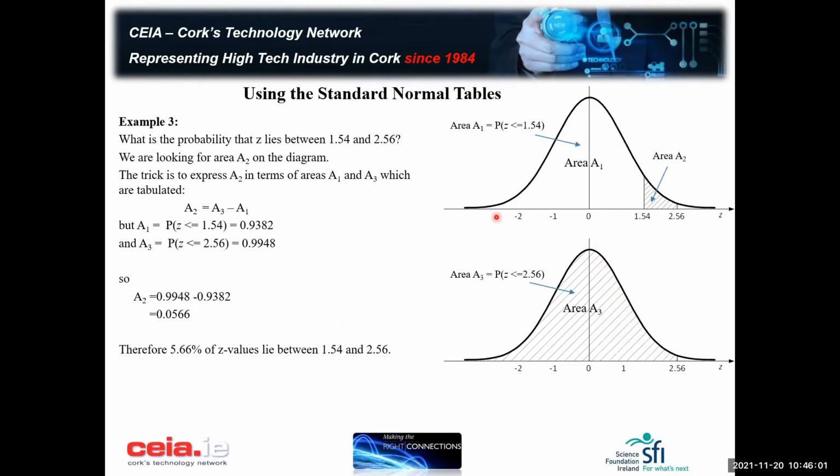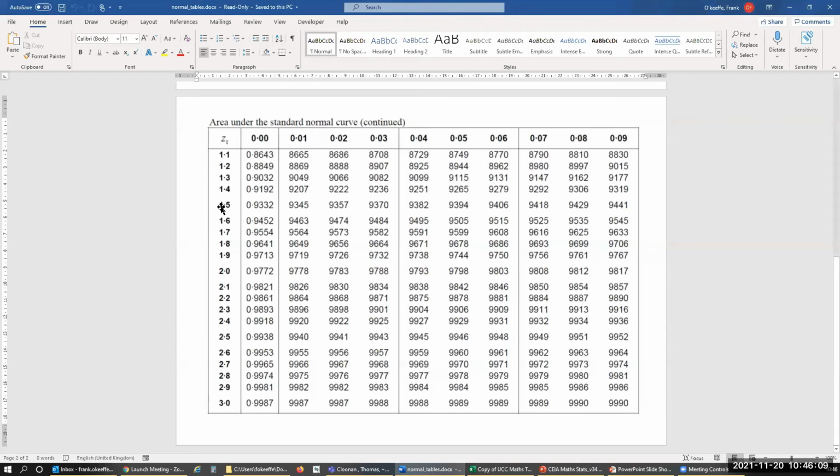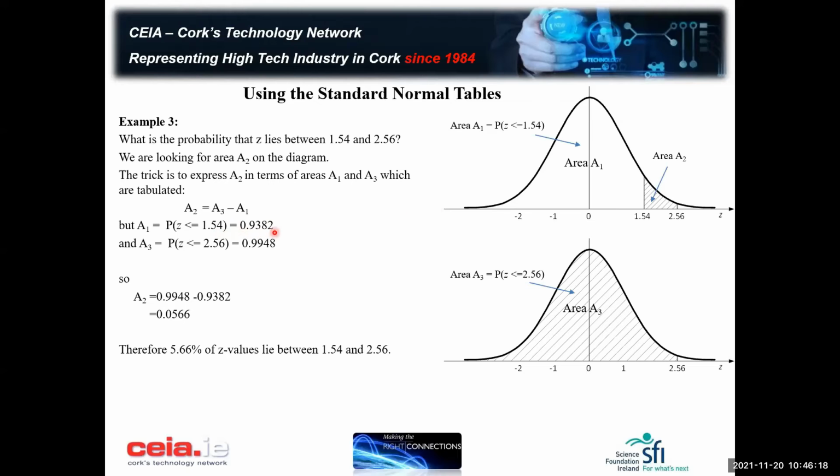A1, we know, is tabulated for P(z less than or equal to 1.54). So let's look that up. 1.54, here's 1.5. Go over to here, we get 0.9382. A3 is the probability that Z is less than or equal to 2.56.